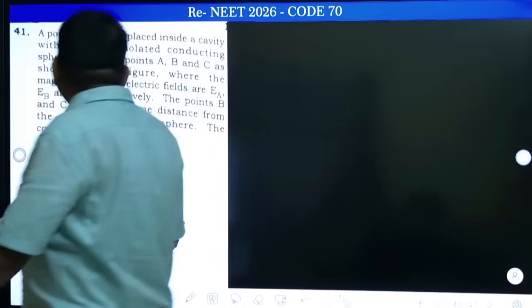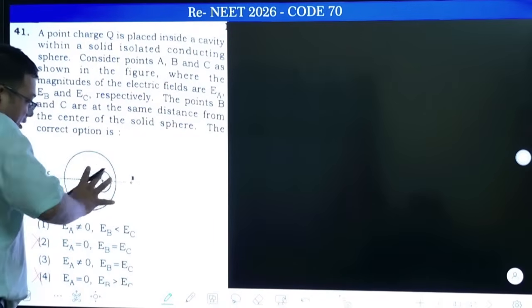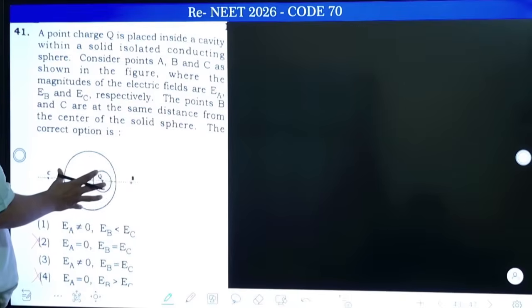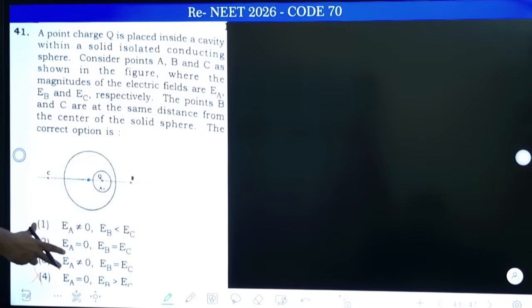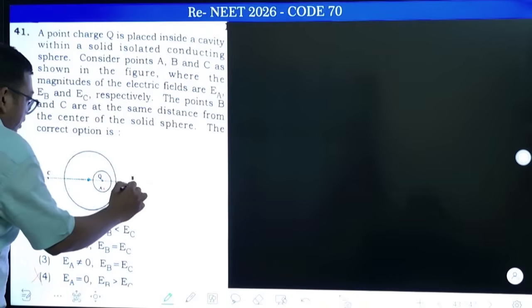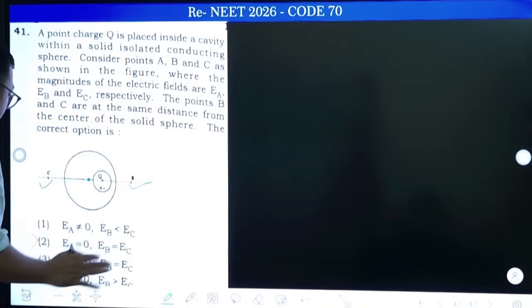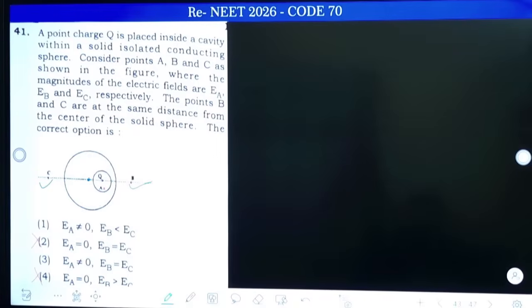Outside the sphere, the electric field lines are uniform. So the electric field at point B and point C must be the same. That means option 3 must be the correct one.